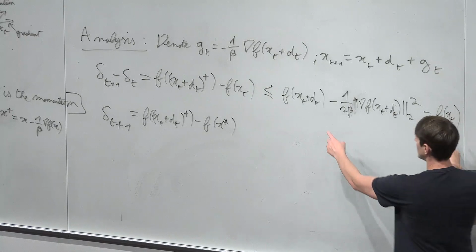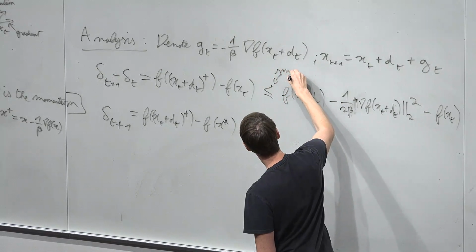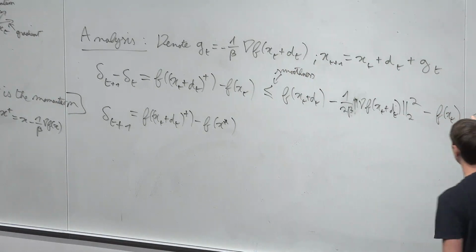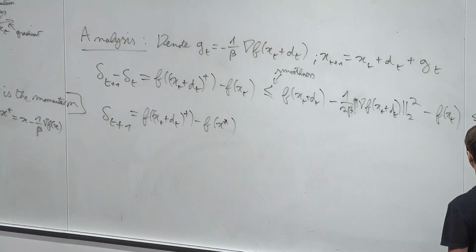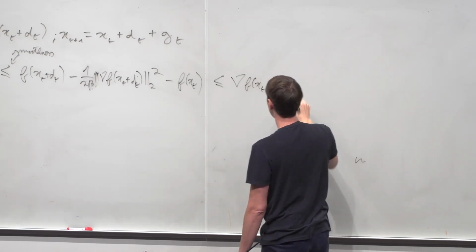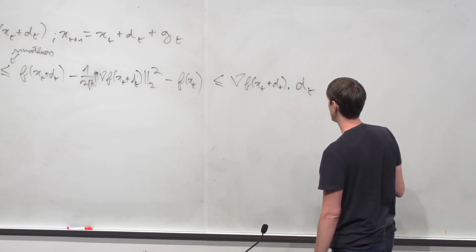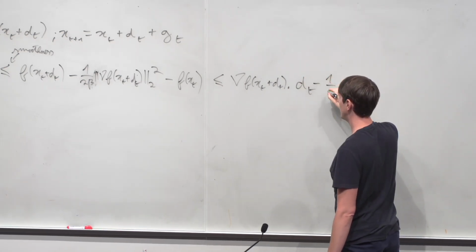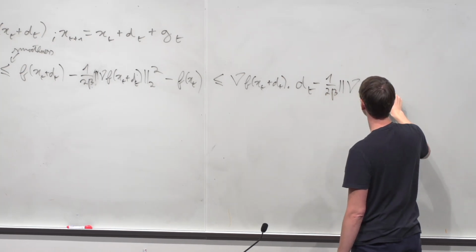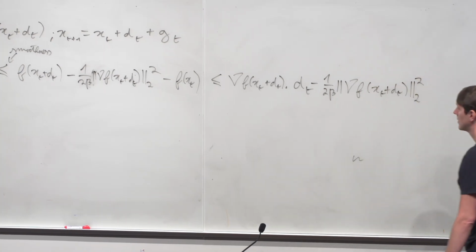And now I'm just going to use the convexity. So this is smoothness, and now I'm going to use convexity on this one. What do I get? I get grad f of x_t plus d_t, inner product with x_t plus d_t minus x_t, which is d_t, minus 1 over 2 beta, L2 norm of grad f at x_t plus d_t squared.